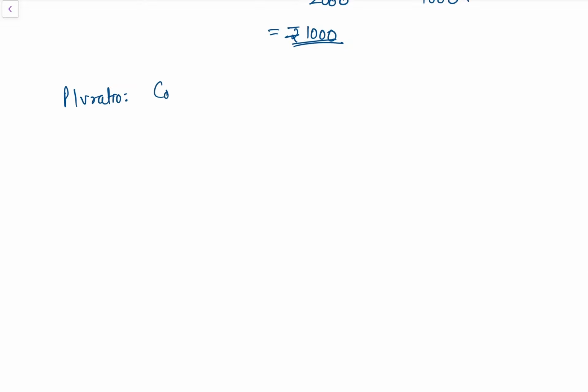Okay, next, PV ratio. PV ratio is contribution by sales. It helps us to understand how much direct profit we are getting from the product. That is because in marginal costing, we divide the total cost into two parts.